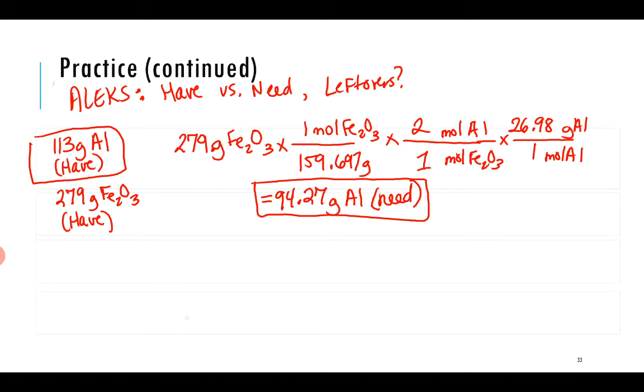And so I have 113 grams of aluminum, and I would need 94.27 grams of aluminum. And so that would give me 113 minus that number is 18.73-ish grams of aluminum left over.